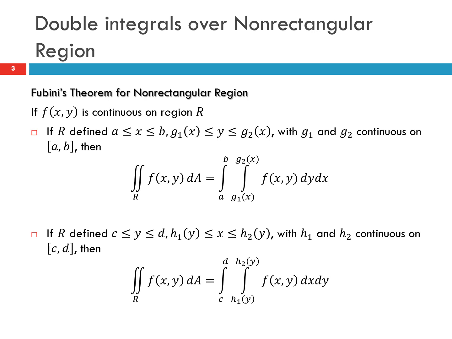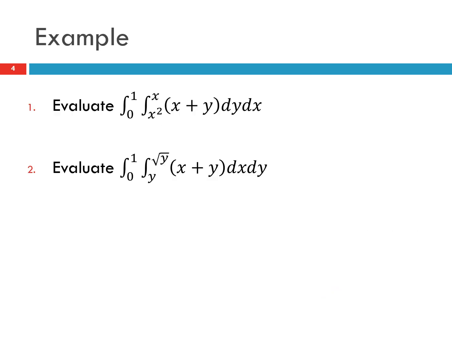Meanwhile, if y is from c to d, we will have the integral dx dy, where the limits of y are from c to d, and the limits for x are from h1 in terms of y to h2 in terms of y. These examples we have also discussed before, where these two questions give the same answer.